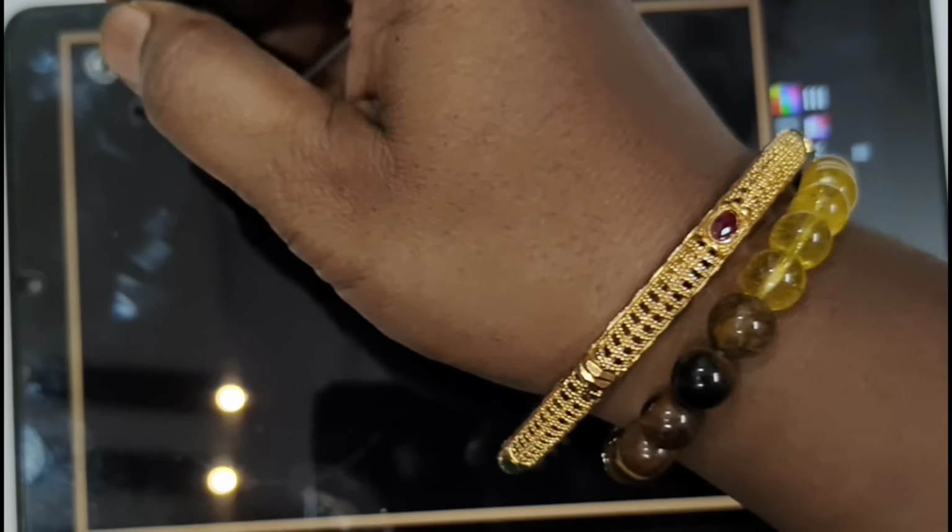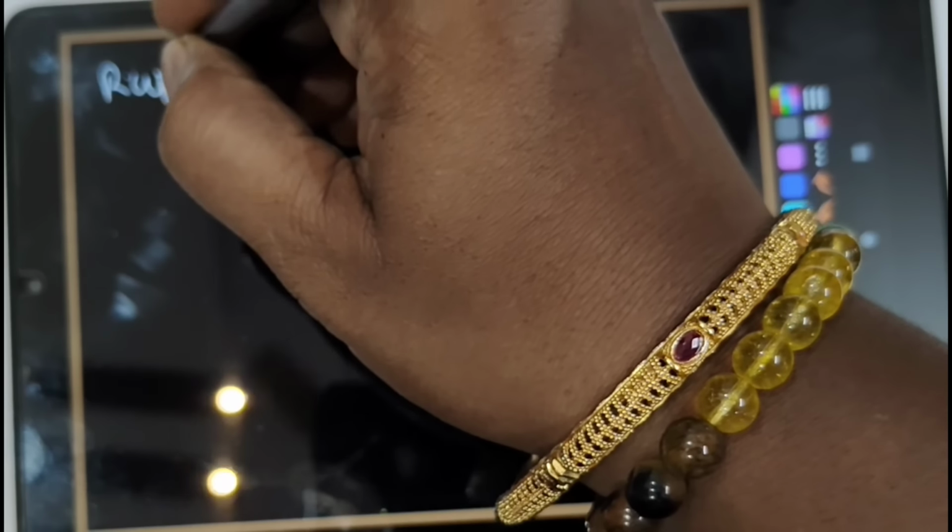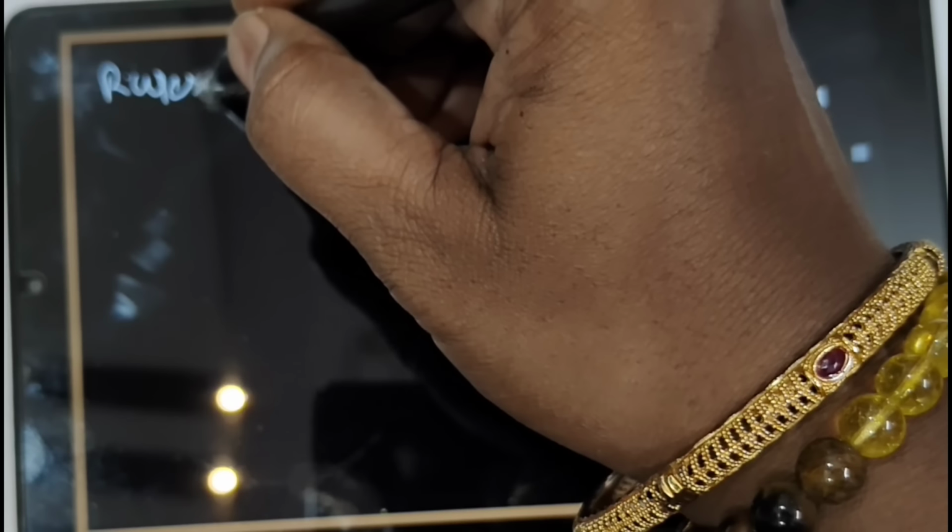So in the previous video we had discussed significant figures. Now I'm going to tell you the rules followed to write the significant figures. Let us begin, I will write the heading. Take your notebook and pen. Don't miss any point.